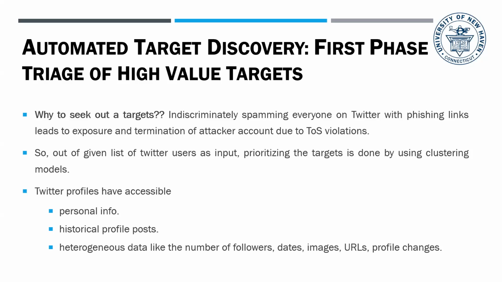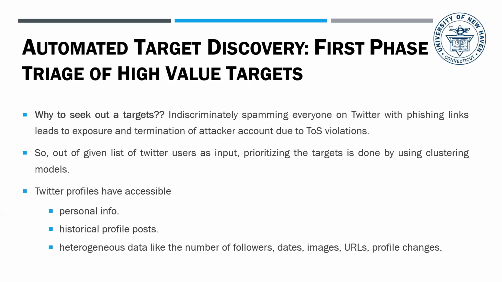The features for these models can be extracted easily from Twitter profiles. A lot of information is accessible, like personal information, historical profile posts, number of followers, images, URLs, and other data.